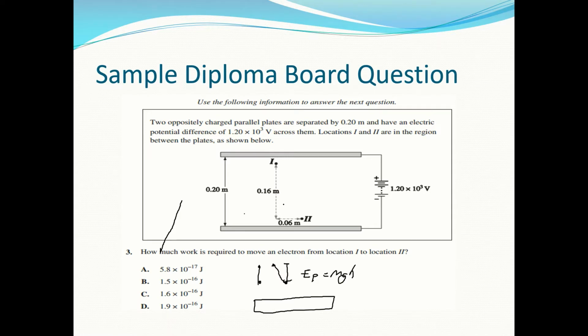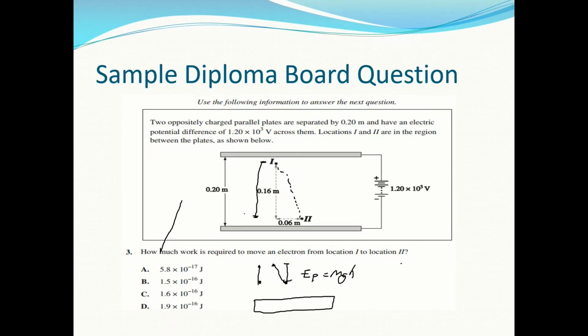It's the same thing for electrical potential energy. We go by our height, so we don't actually want to find a hypotenuse side like this. If we go from here to here, that's going to be the same as 1 to 2. It doesn't make a difference.